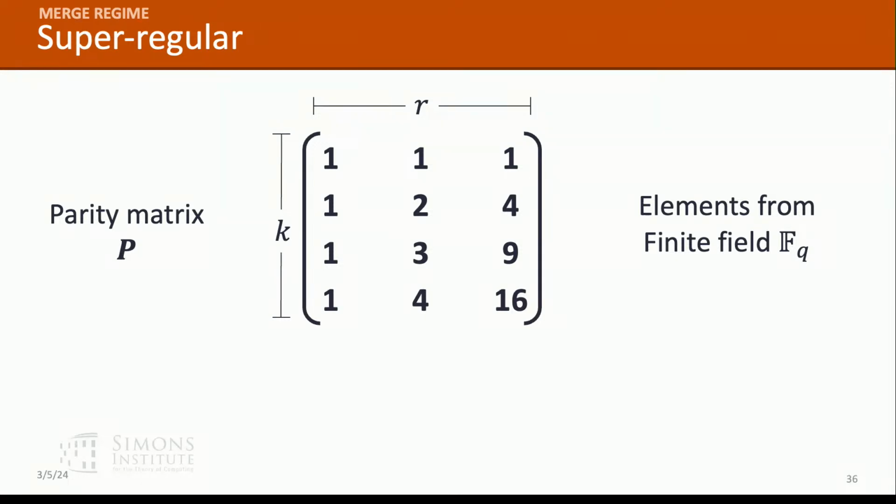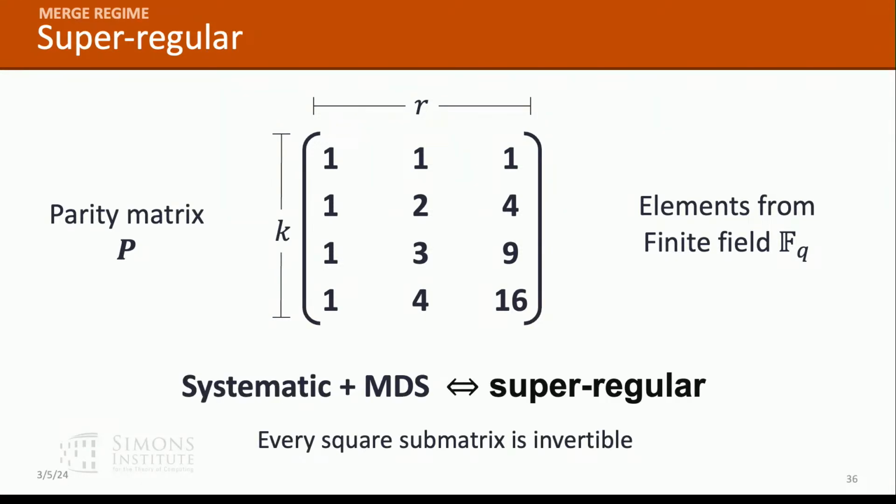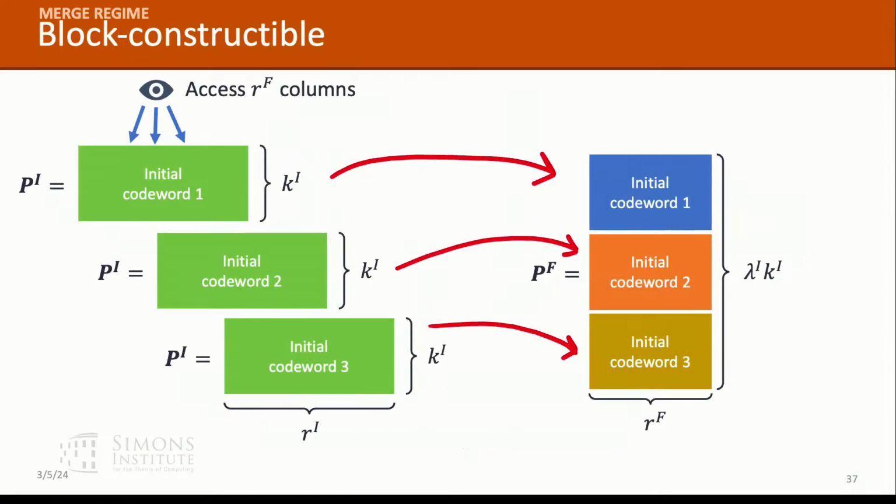As we all know, superregularity is basically that every square submatrix is full rank, and that's just the plain MDS requirement. And the block reconstructibility property, just pictorially, is the following. We have this PI, which is the initial code's parity matrix, and PF is the final code's parity matrix.